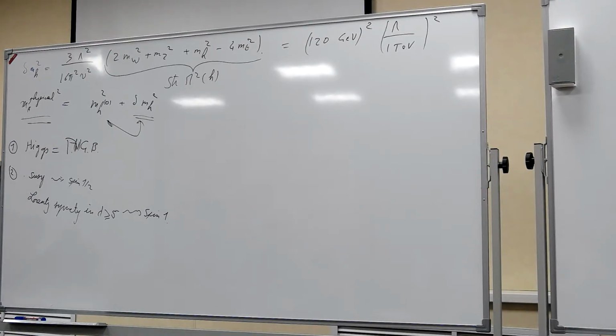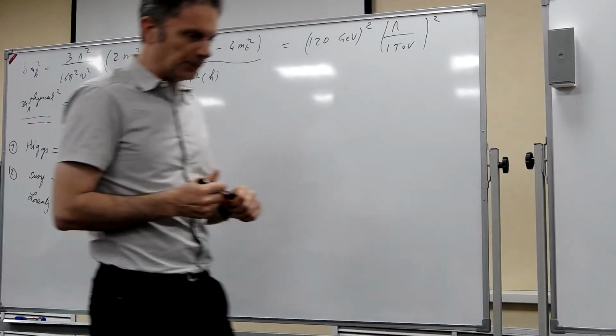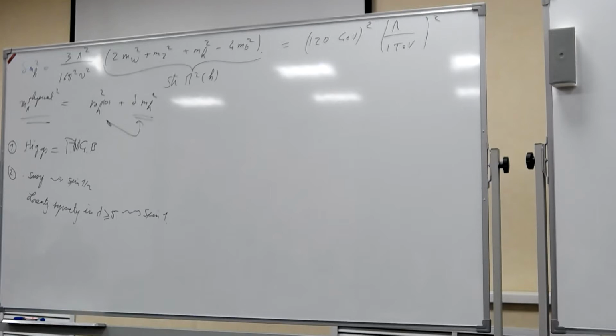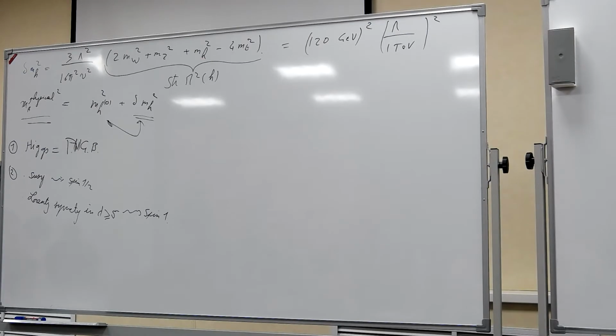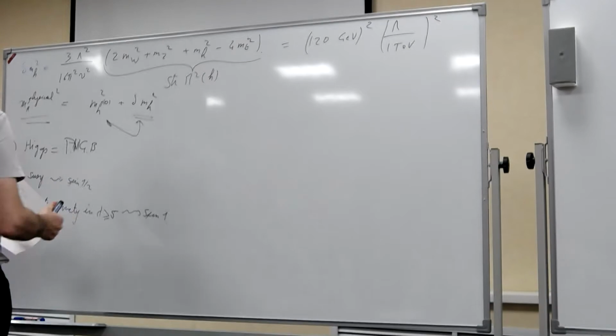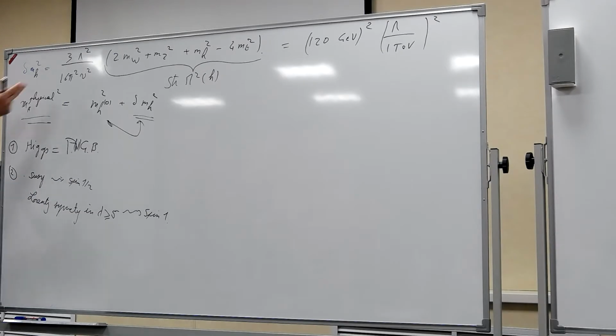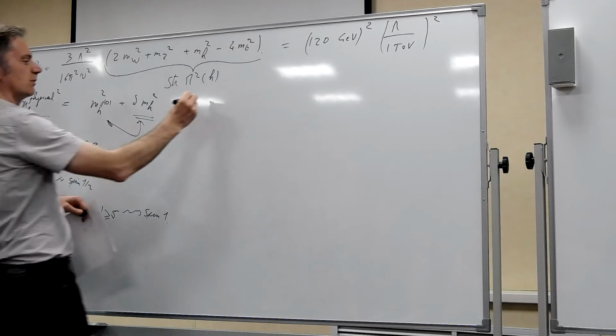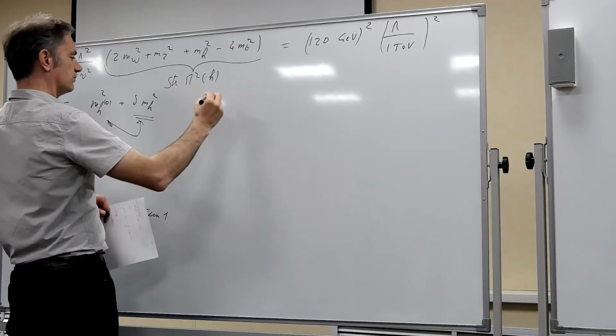This is what is called the Veltman condition. I don't remember in which year he proposed this, but he said, if the Higgs mass is such that this term vanishes, then I don't have any quadratic divergences. And it was a prediction of the Higgs mass, right? It predicted that the Higgs mass should be 320 GeV. I haven't made any mistake. If you solve this equation, it should give you this.